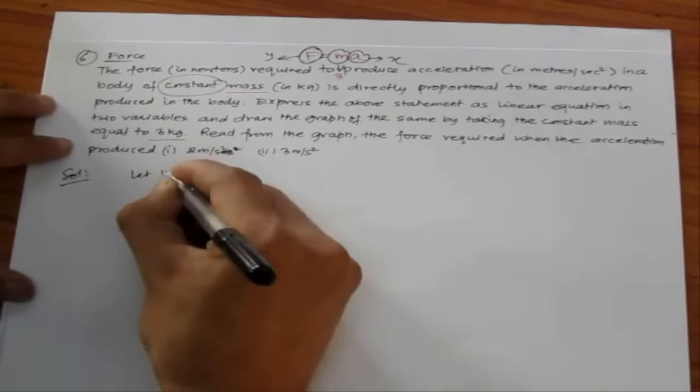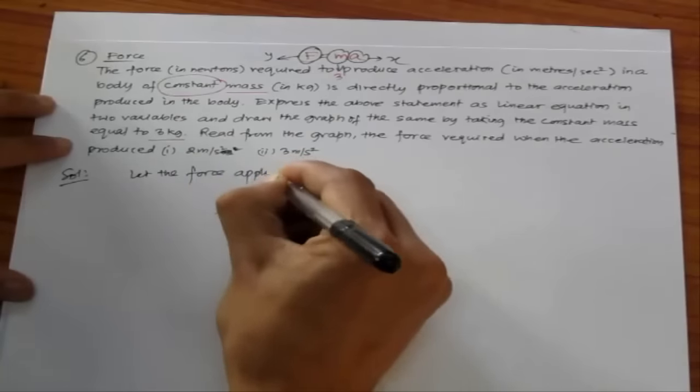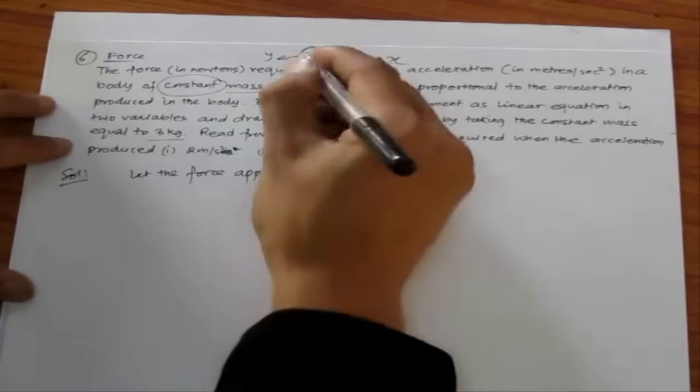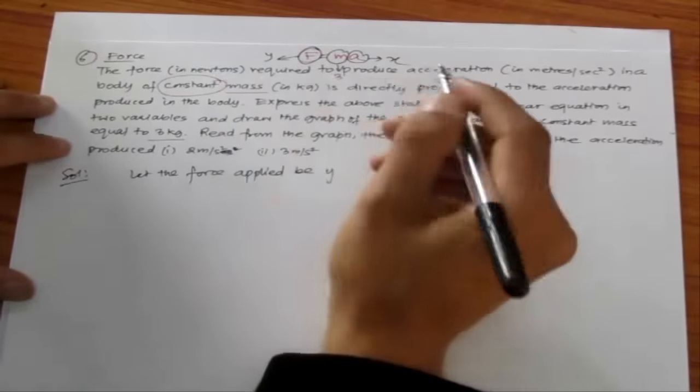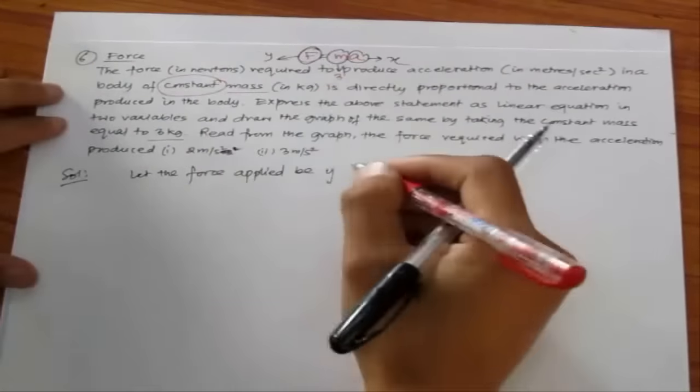So let the force applied be y. Now here you should be very careful because the units are already given. If the units are not given, then you can write the units.